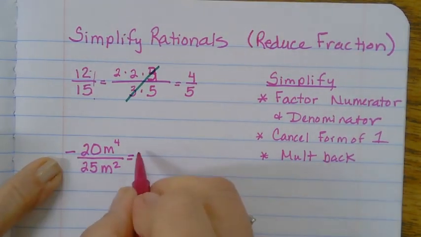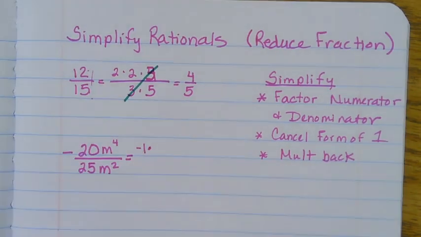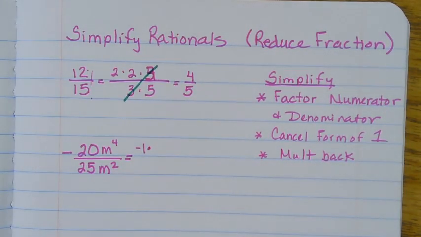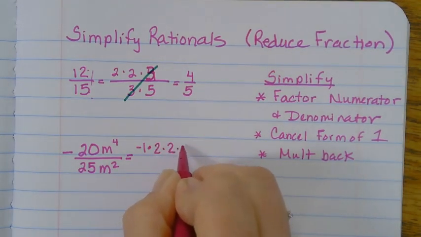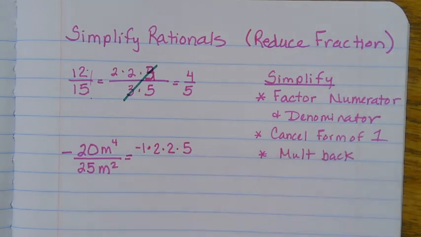That negative really just means a -1, right? -1 times whatever. Now 20, can you guys just prime factor that in your head? 4 times 5, but 4 is not prime. So 4 would be 2 times 2 times 5, right? If you can't do that, you would do that factor ladder to figure that out.